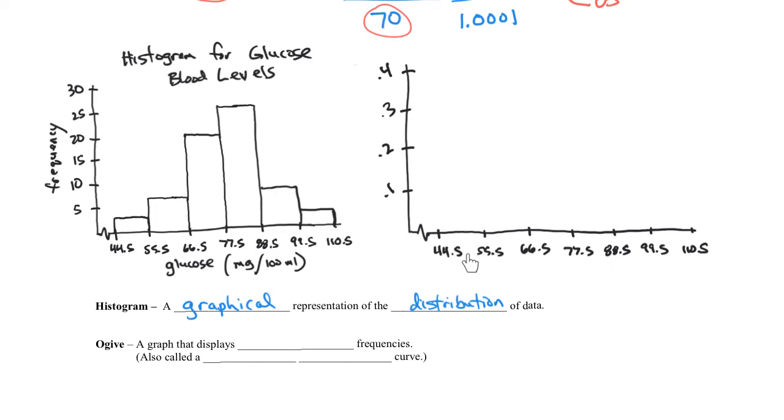class here, 44.5 to 55.5, the relative frequency is 0.0429. So it's basically like if this is 0.10, we've got 0.04. Okay, so we've got about 0.0429. And this one is 0.10.